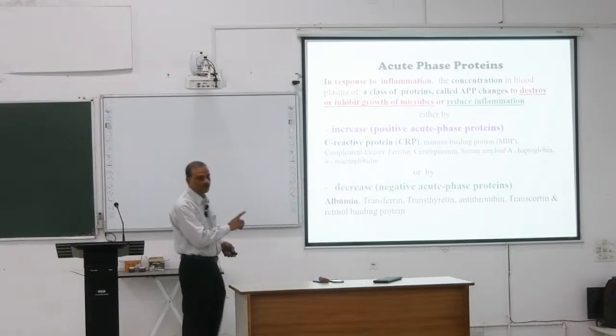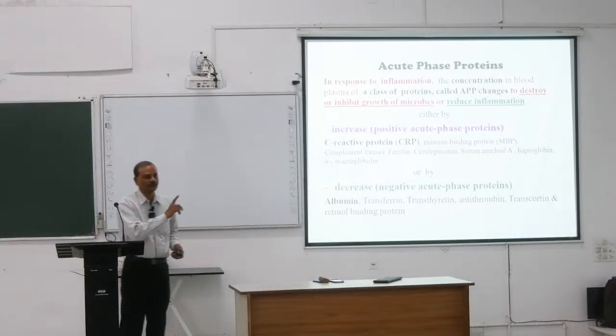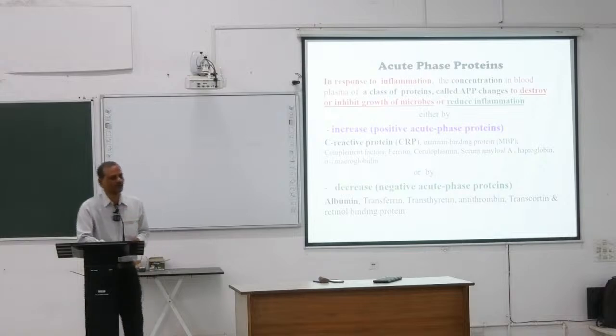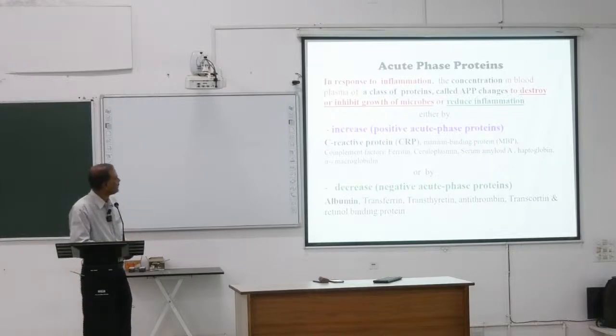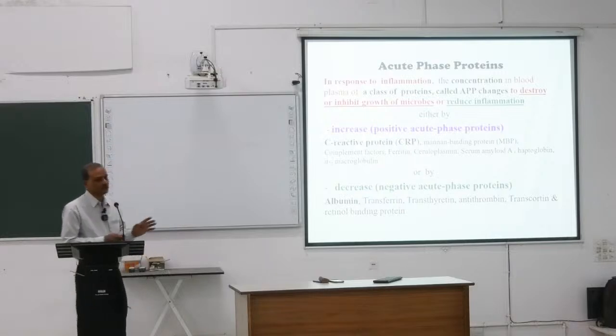One slide, this you will advise in all patients undergoing inflammation. Acute phase proteins: in response to inflammation due to any cause, I repeat, the concentration of a class of proteins in the blood either increases or decreases.